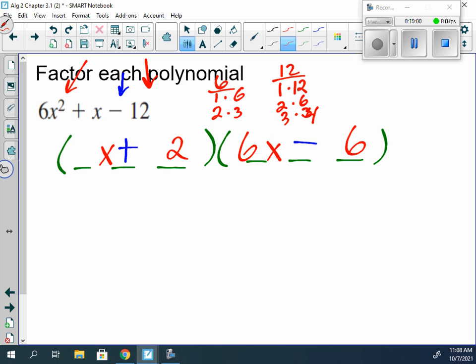Do we need to even check this? No, why not? There's a reason, because we did say it yesterday, and it's dealing with the 6x minus 6. There's a common factor of 6, yes? Was there a common factor to begin with? No, so there can't be one in either parentheses.